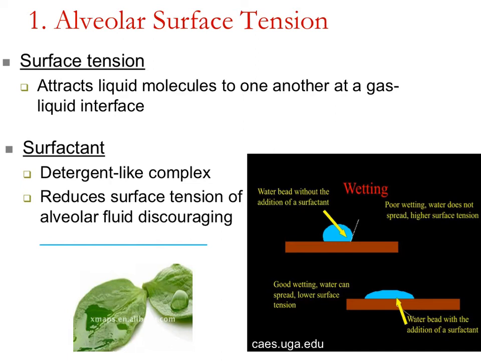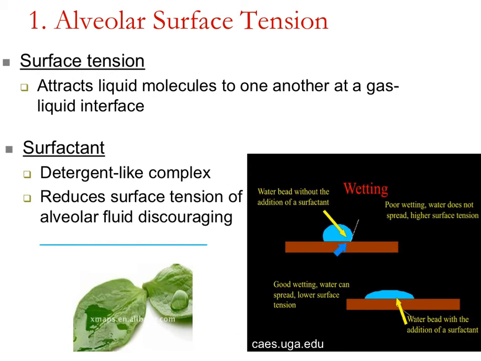Okay. If you look over here, this is an example. This is just a drop of water on a surface without any surfactant or any other detergents. Okay, notice that the water wants to interact with itself and has very limited interaction with both the gas interface and the surface below.